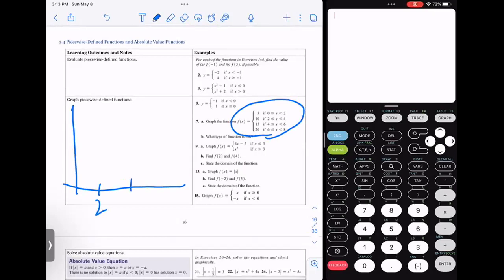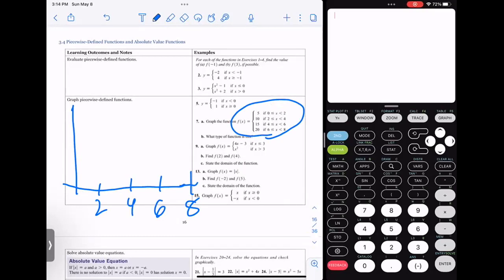From 2 to 4, it will be 10. From 4 to 6, it will be 15. And from 6 to 8, it will be 20. Now, pay attention to these inequality signs here, because they'll show whether you put a dot or a circle in certain spots, and you'll see what I mean.